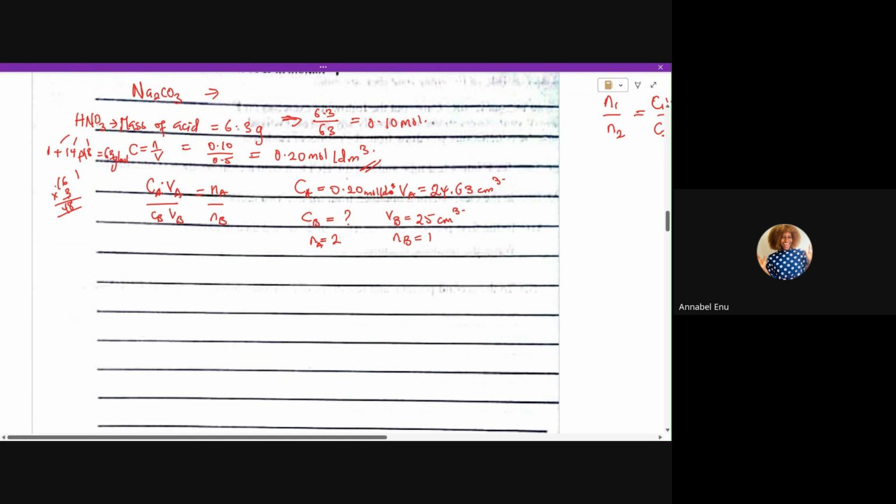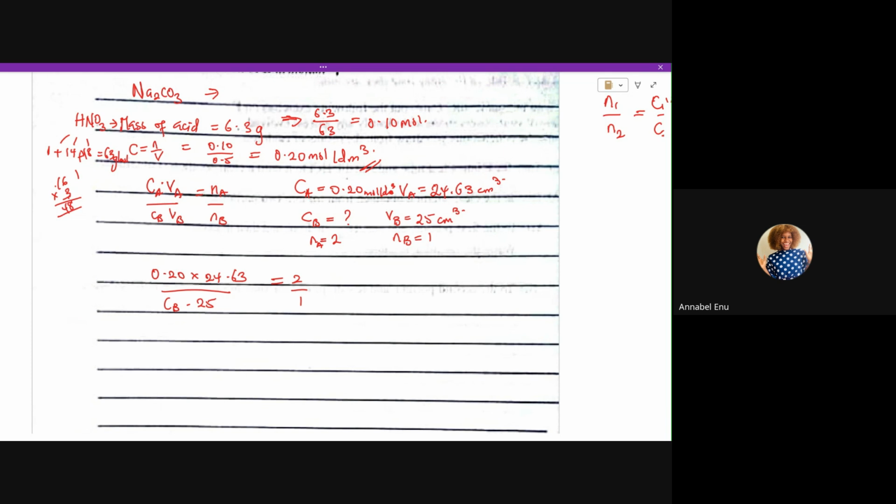Okay, so when we fix this all into the equation, we're going to be having 0.20 times 24.63 divided by what we don't know times 25, that is the volume of the pipette we used, equals the number of mole of acid, which is 2 divided by 1.